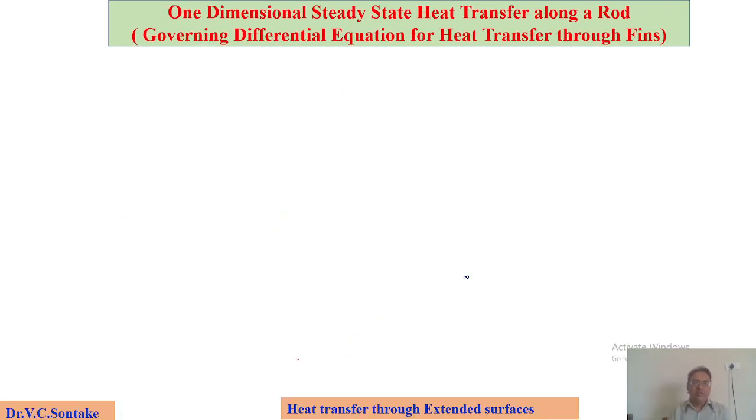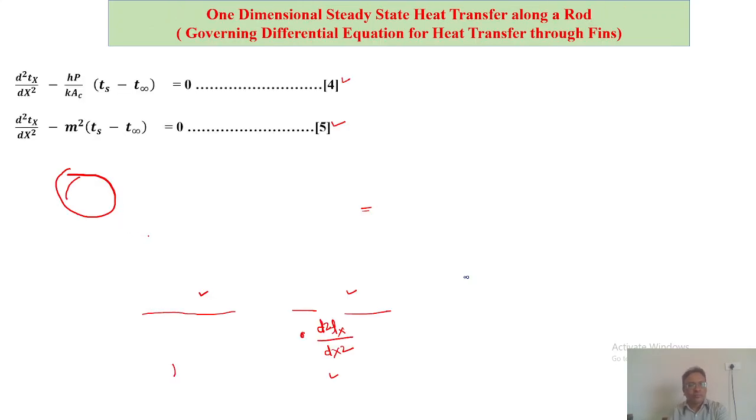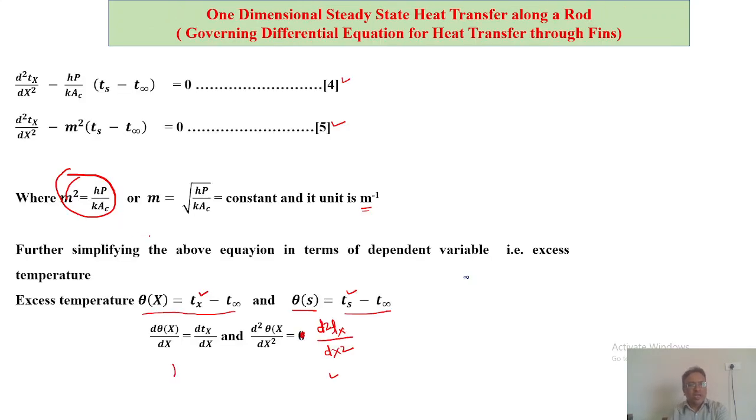Now equations 4, 5 and 6 are called the governing differential equation for one-dimensional steady-state heat conduction through a fin or rod.